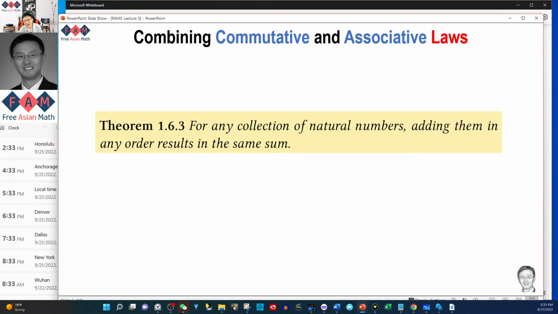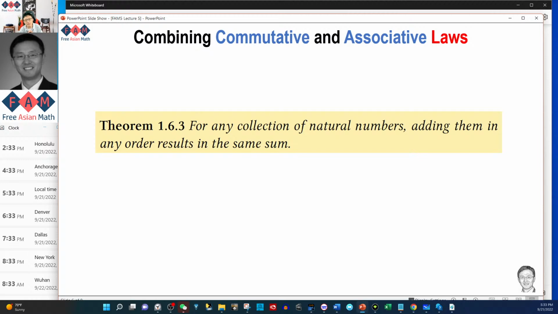Eventually, if you add 100 numbers, how many additions will you perform? You will perform exactly 99 additions, right? Because you add them up one by one. This theorem says that out of those 99 operations, any order will give you exactly the same sum.